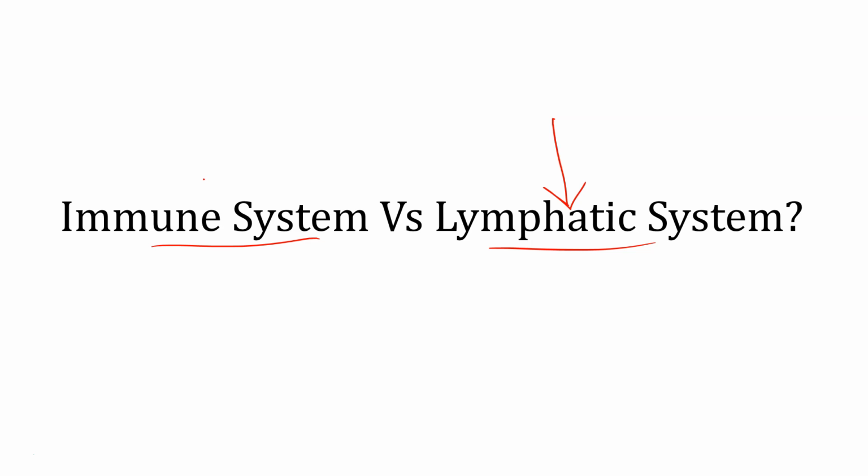Rather, the immune system is the way that our bodies protect themselves given the different interactions between lots of structures and cells of a variety of organ systems. So that's a little bit of the difference between them. So we'll present here the lymphatic system, kind of an overview.